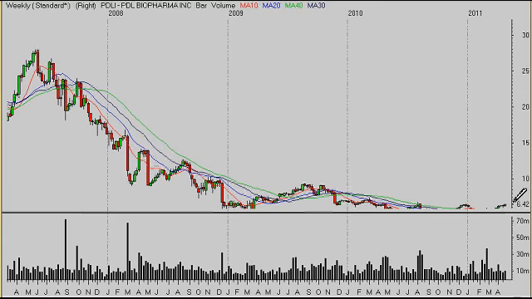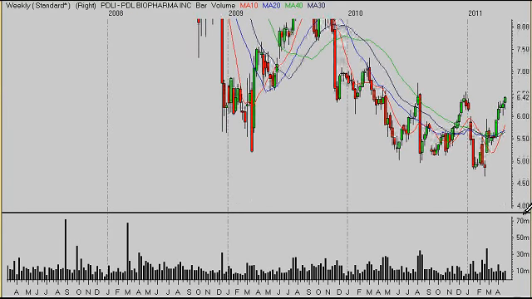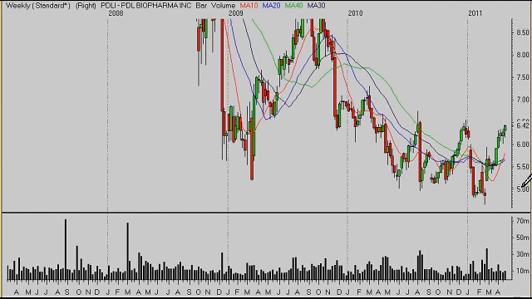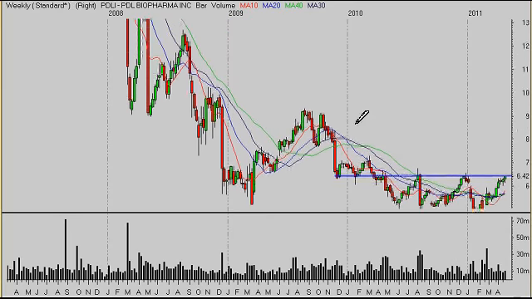If we back it up a little bit to the weekly chart, let's take a look in here. I know that Dan, you research these things pretty well, so you probably have a good handle on what they do. Whenever I look at a stock, I look at a few things. The personality of the stock: this one tends to really hurt people badly on a regular basis, and that's been its pattern for years.